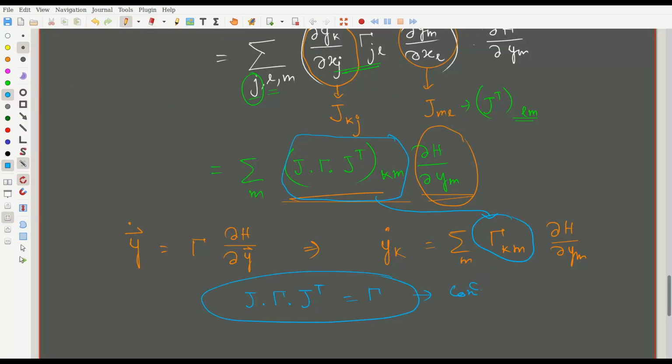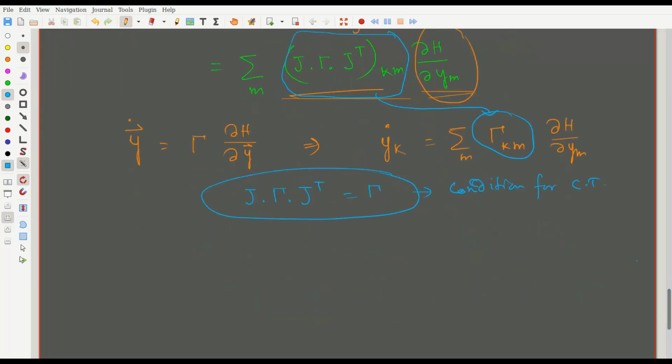This type of relation is called a symplectic relation, and the Jacobian is said to be symplectic.